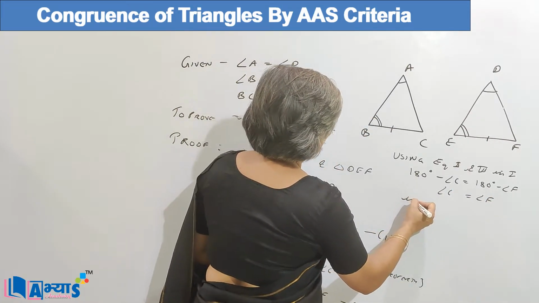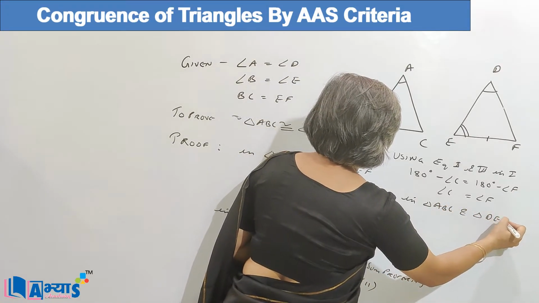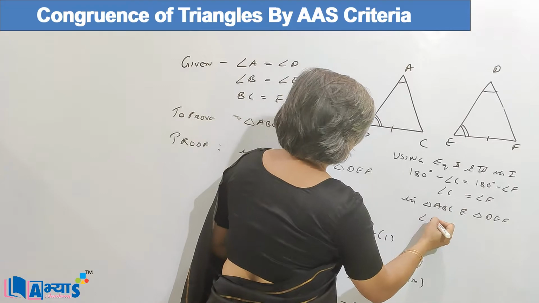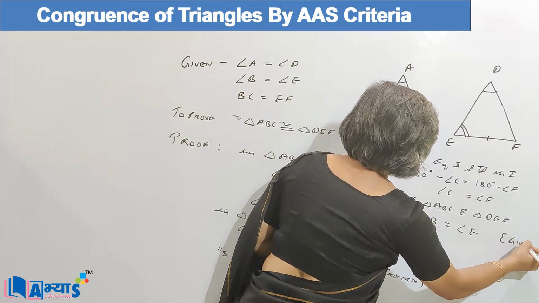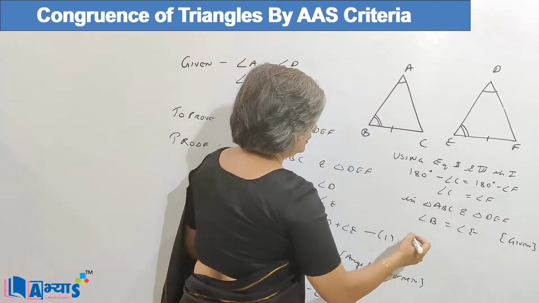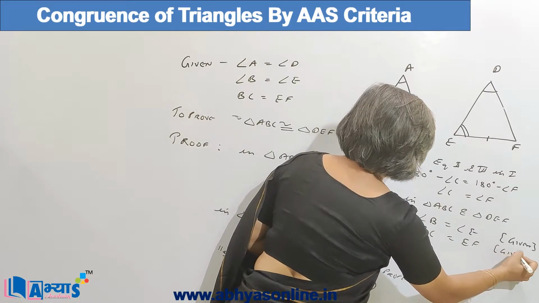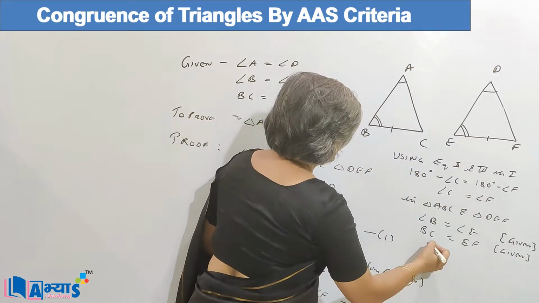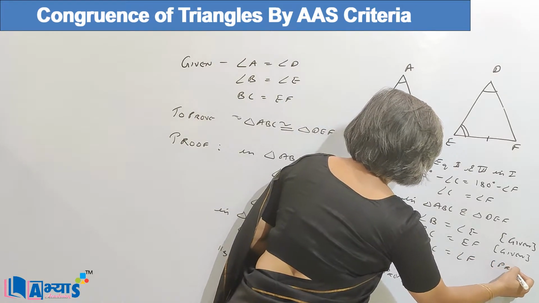Now in triangle ABC and triangle DEF, we know that angle B is equal to angle E, it has been given to us, and BC is equal to EF, again it has been given to us, and angle C is equal to angle F, we have proved above.